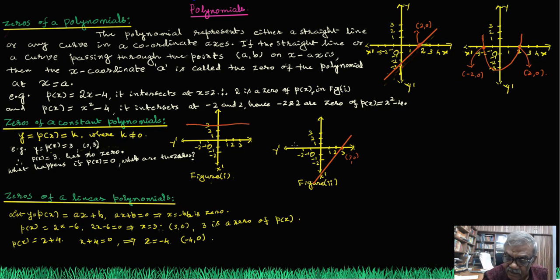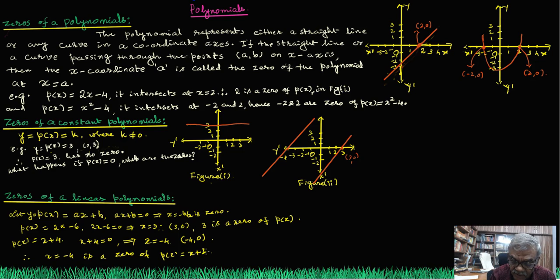Like this, you can see here, it passes through this point, and therefore x is equal to minus 4 is a zero of p(x) is equal to x plus 4.